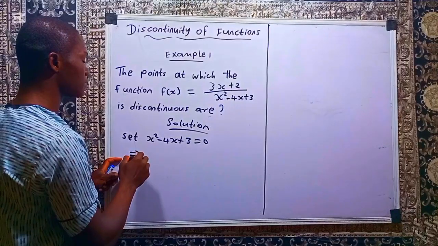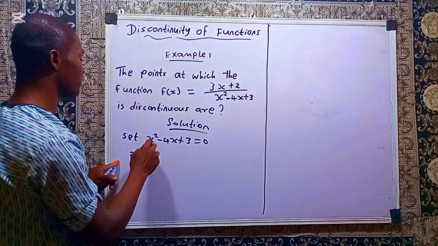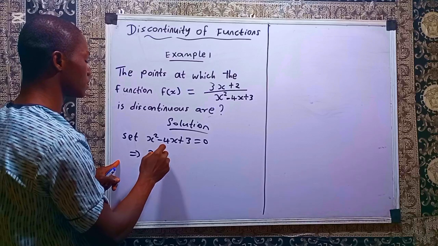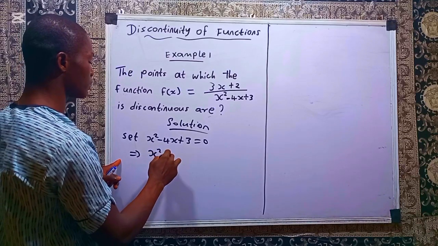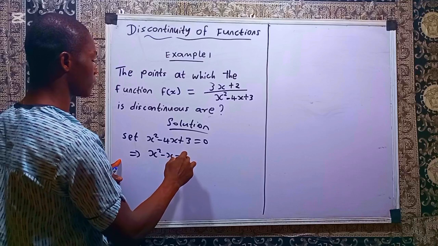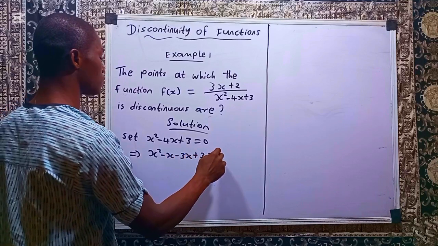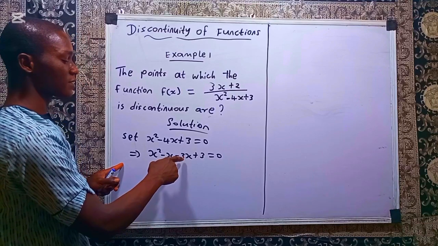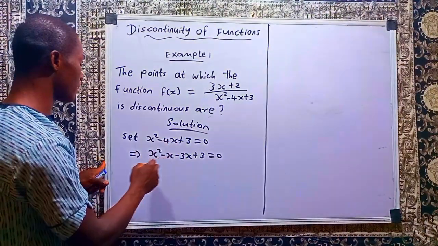Then this implies you can factorize it. Let's do the factorization. x squared minus x minus 3x plus 3 equals 0, because minus x minus 3x is the same thing as the minus 4x we have in the middle here.